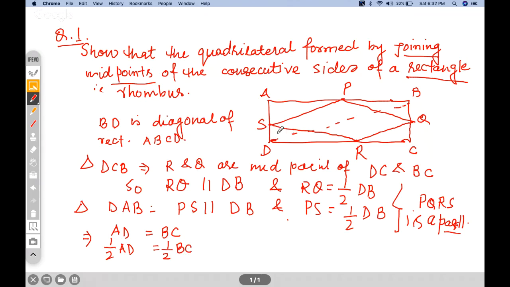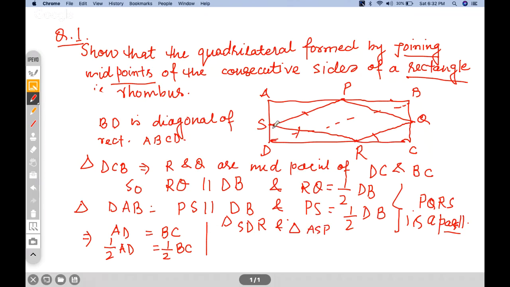And similarly, you can take this triangle SDR, or I have already proved this and this equal. So I can take this triangle SDR and I can take triangle ASP.